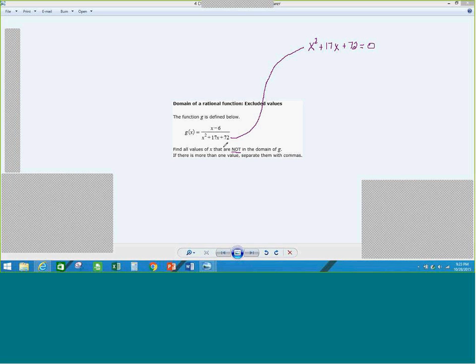So as soon as I see the word domain, I look at where the denominator becomes 0. So I take off that denominator, write an equation that's set equal to 0, and then I can look at this equation and say, how can I possibly solve this? Before this, we had some factoring topics going on, and the very last thing that they had us do was solve quadratic equations, and that's what this is.